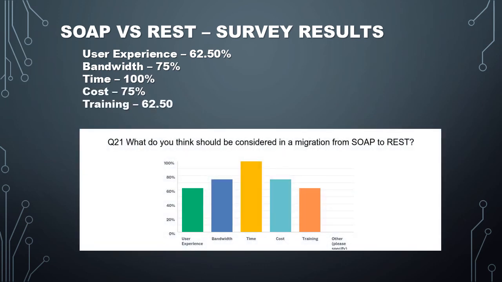What do you think should be considered in a migration from SOAP to REST? This was a question where you can choose multiple answers, obviously. But for the most part, people thought that time was the most important choice to consider in a migration from SOAP to REST.